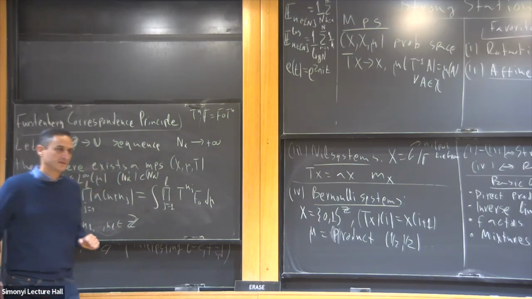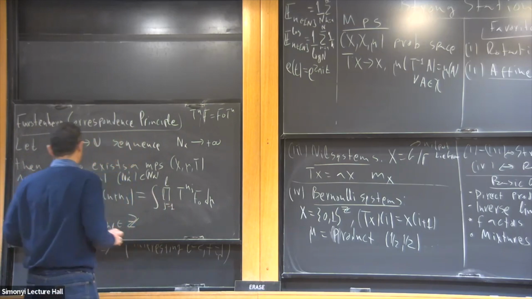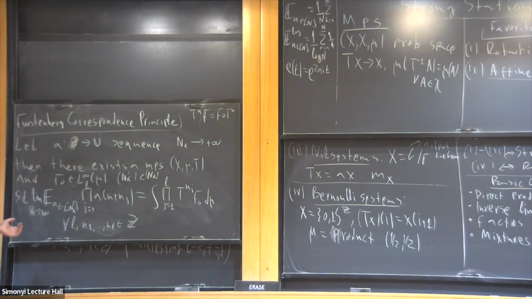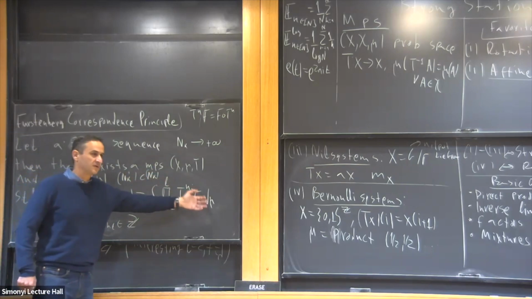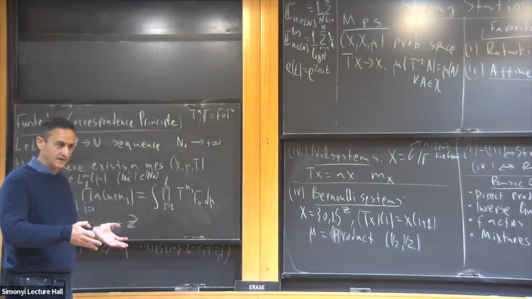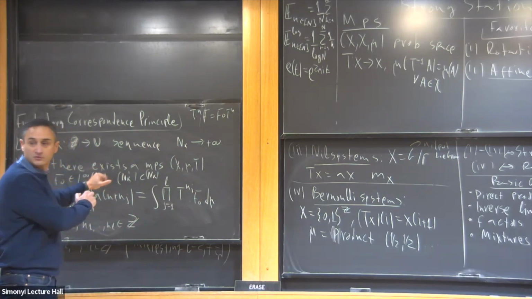I define the system. For our purposes, this should not bother you because, let's say we want to prove a statement. Let's say that the statement we want to prove fails, then it will fail along a subsequence. I'll go and work on the subsequence for which all these correlations exist. I get a contradiction, hence the original property will be true for the full sequence. Okay, in practice, this is how it works. We should not bother with the fact that we work with a subsequence.